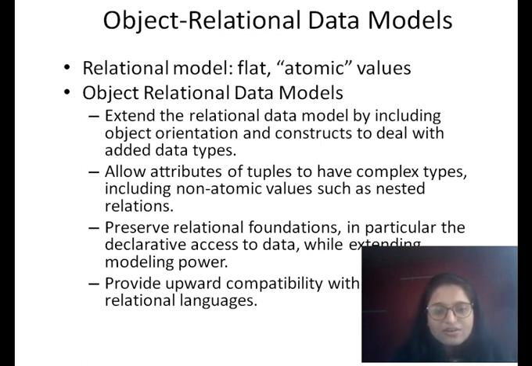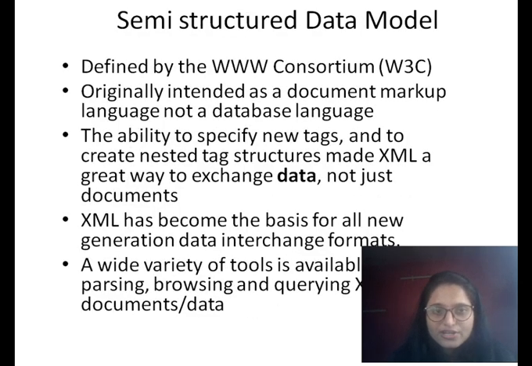This is object relational data. In an object relational data model, object oriented concepts get involved in the entity relationship model. There is also the semi-structured data model defined by the WWW consortium, W3C, originally intended as a document markup language, not a database language.